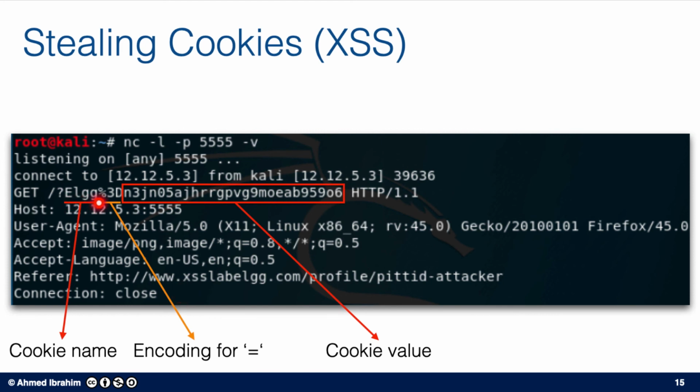This value here says that this part is the cookie name. This part here is actually a base 64 encoding for the equal sign, and this over here is the cookie value.